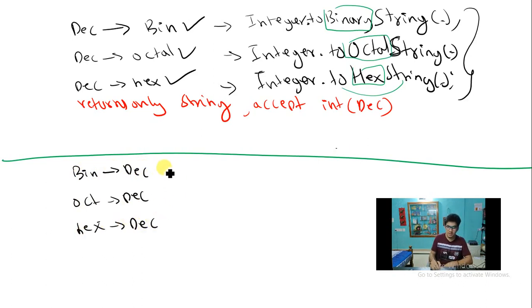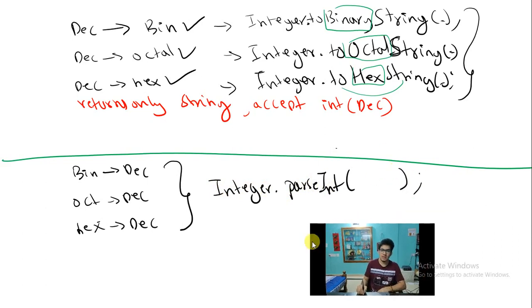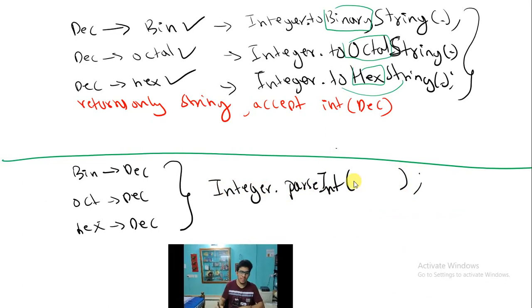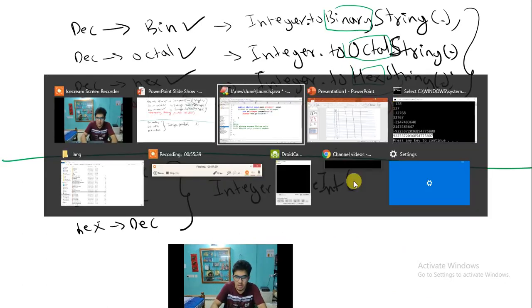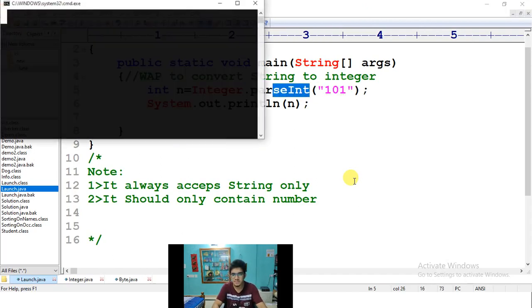All of these three are the same method, that is Integer.parseInt. What's the method name? Integer.parseInt, which means for the binary value 101, what should I tell? I have to tell 101. I am telling there is a 101, convert that 101 to decimal, parseInt. So watch here.